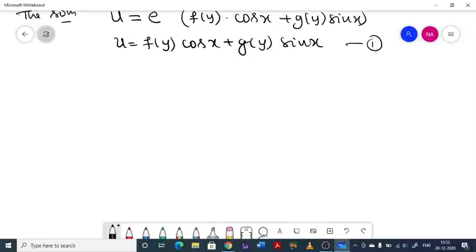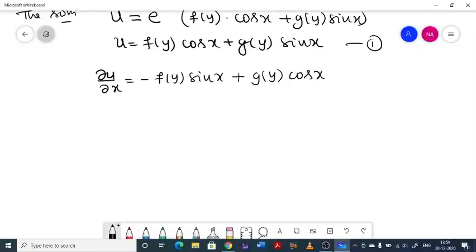Now it is given that u of 0 comma y equal to e power 1 by 2. Before that, let's find the derivative. If you differentiate this with respect to x, you get dou u by dou x equal to, the derivative of cos x being minus sin x, minus f of y sin x plus g of y cos x. Now calling this equation 2, the given conditions are when x equal to 0, u equal to e power 1 by 2.